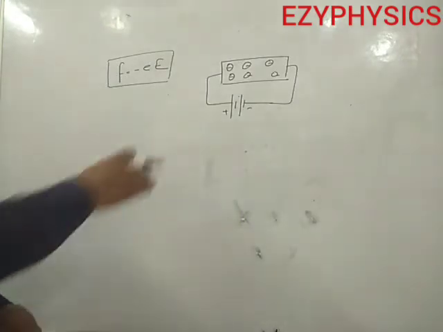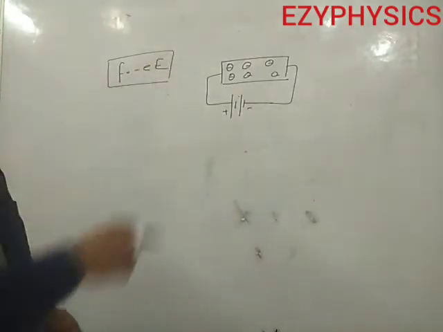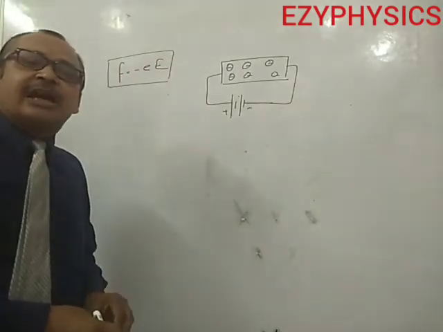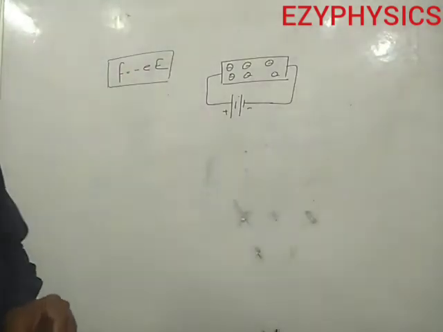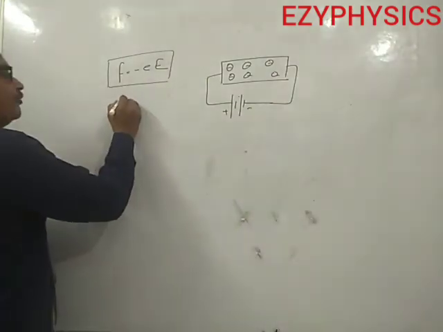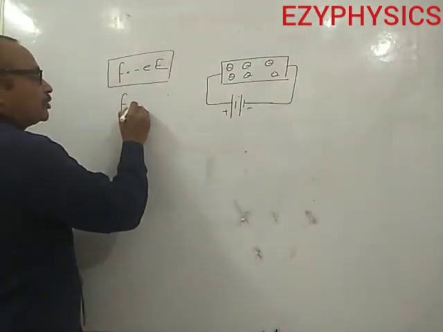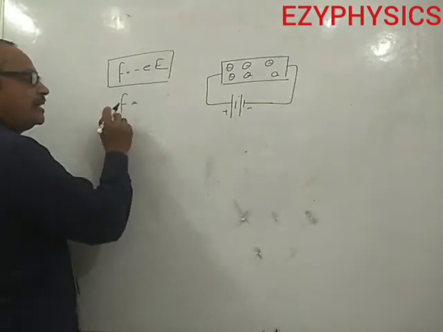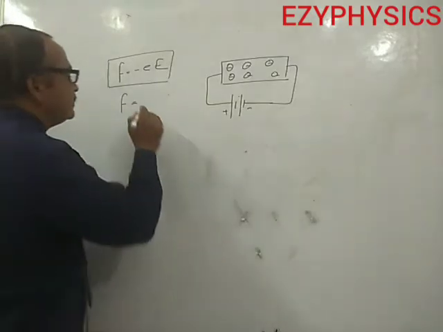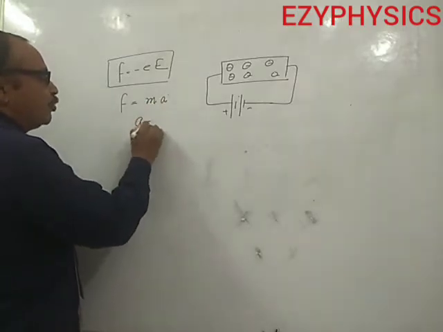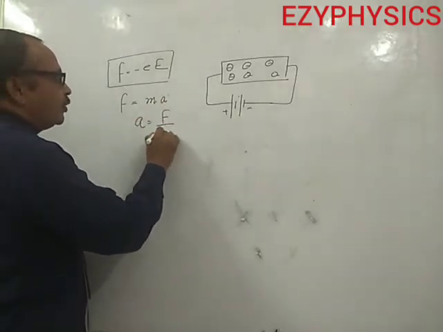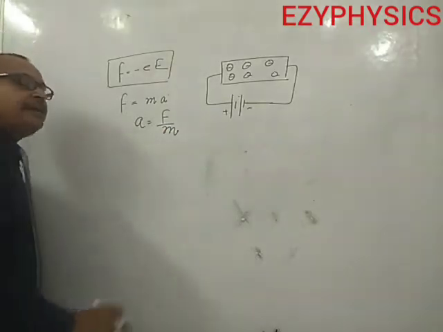Now, when these electrons start moving, it means they start getting accelerated towards the other end, and we know this acceleration from the second law of motion, F equals m times a. So a will be equal to F by m.